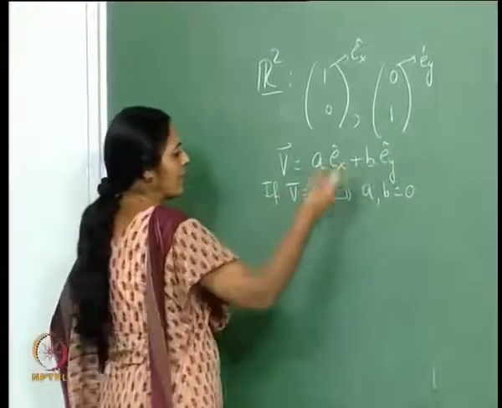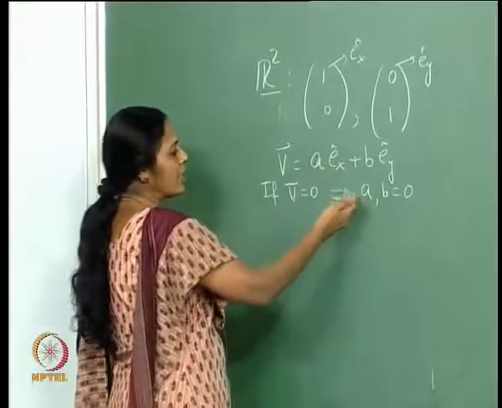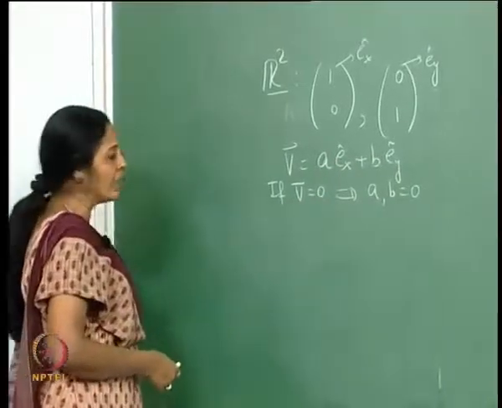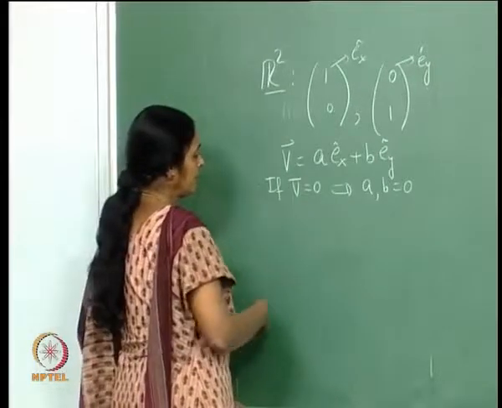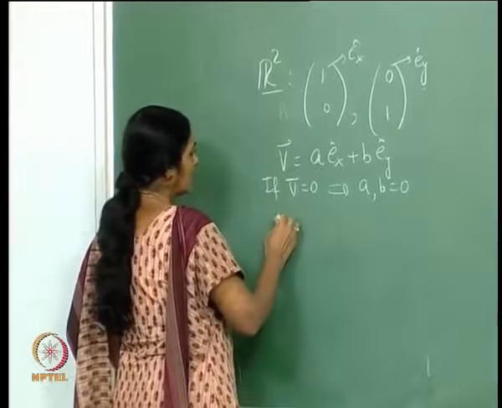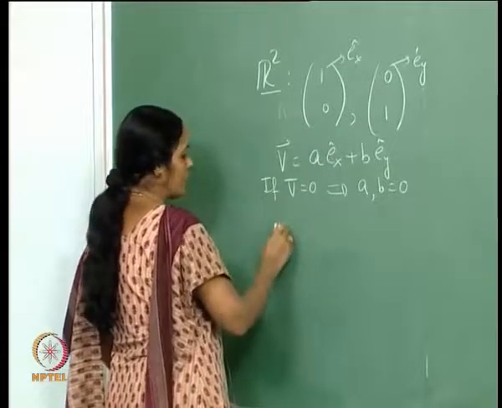So, Ex and Ey are linearly independent, and this can be generalized in a straightforward fashion to higher dimensions. So, that is linear independence of vectors.